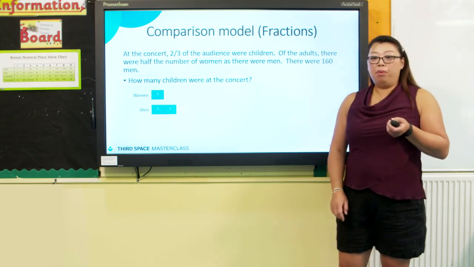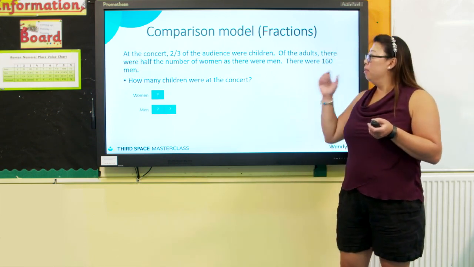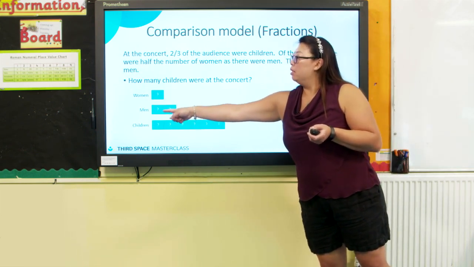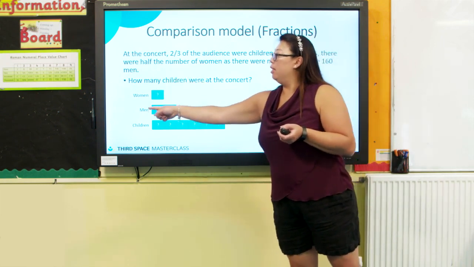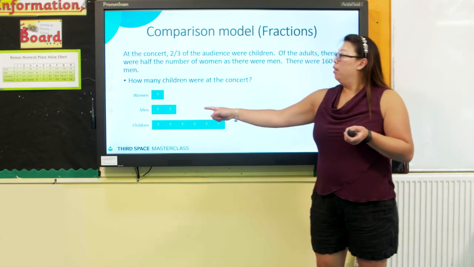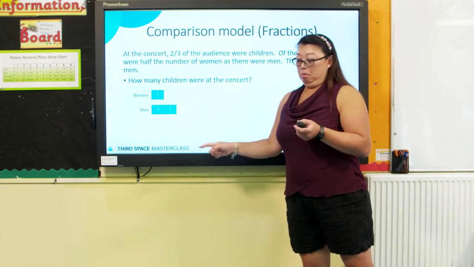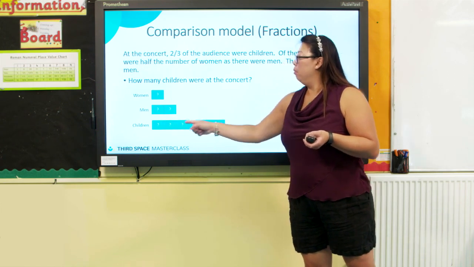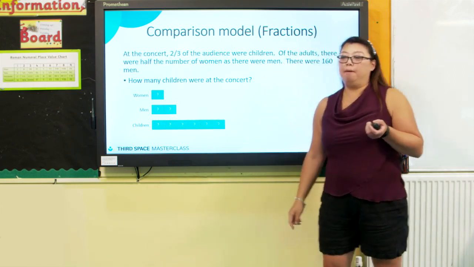So the men would be twice the women. And because the adults in total is 1/3 of the audience, which is 3 part sizes, therefore the children, 2/3, would be double that, which would be 6 part sizes.